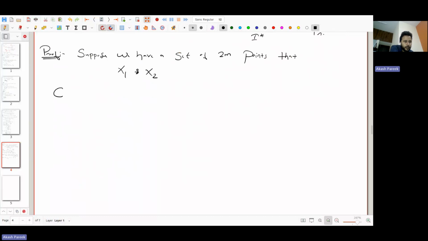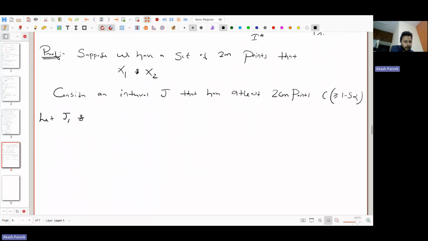Now consider an interval J that has at least 2cm points, where c is greater than 1 minus 5 alpha. Again, this is just because the grade estimate algorithm had 1 minus 5 alpha fraction of points.